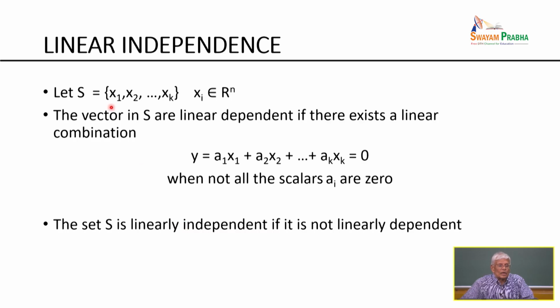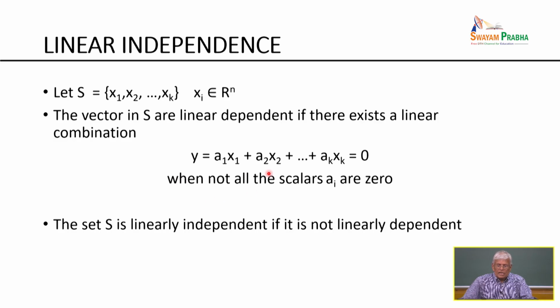Now I am going to go to the concept of linear independence. To define independence, I am first going to take dependence, and independence is non-dependence. A set of vectors S is said to be dependent if there exists a linear combination that can annihilate it.